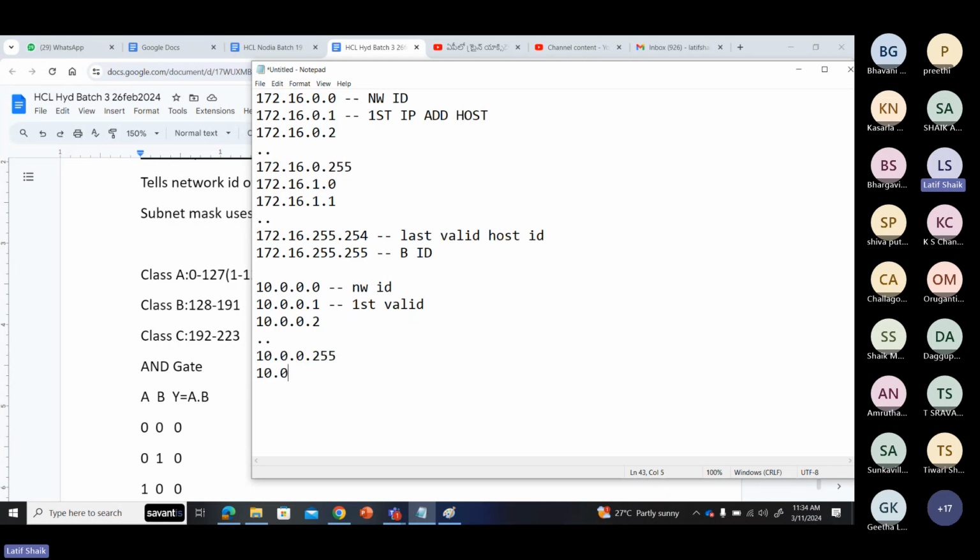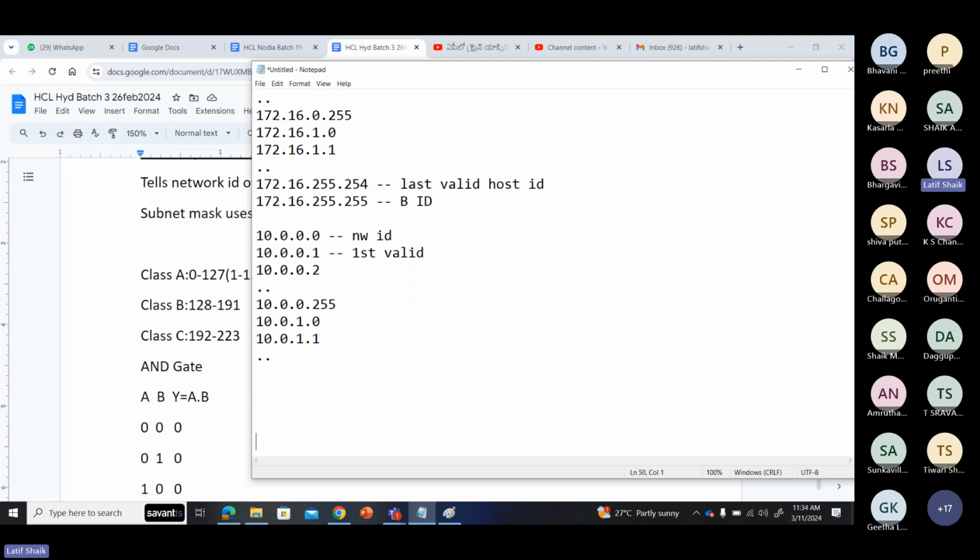Then you will go to 0.1.0. Again 10.0.1.1, and you keep going on. So you reach almost 10.255.255.254. 10.255.255.255 is not the last, it is broadcast. And what is this? This is the last one.